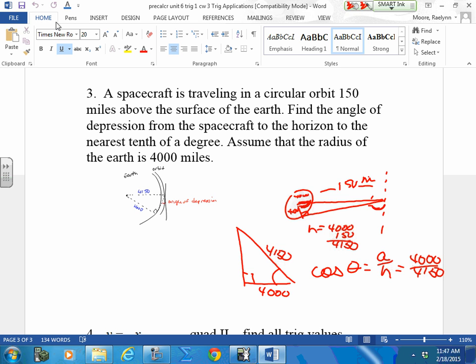Now, how do you find an angle given the two sides? In your calc, how do you find that angle, given the ratio? Second cosine, this is its inverse, and find me the angle to the nearest tenth of a degree.